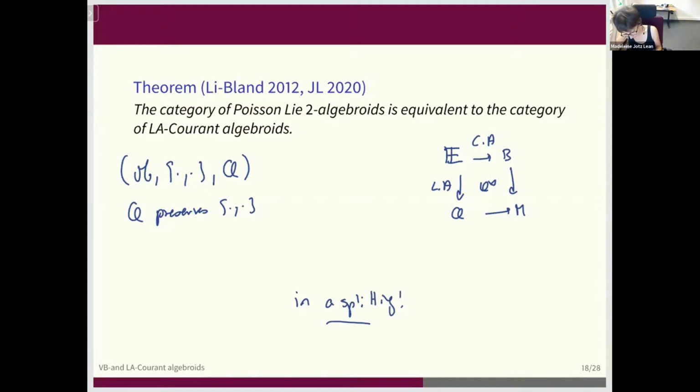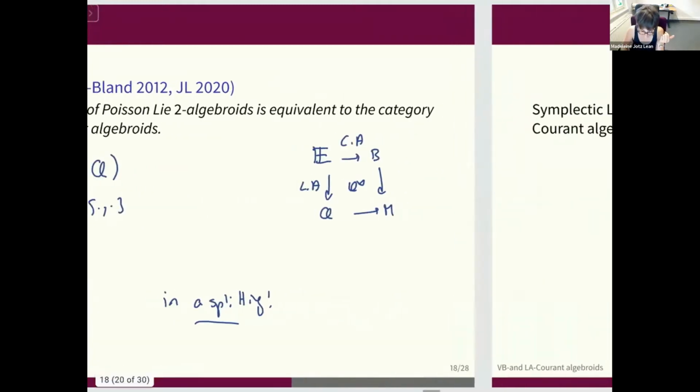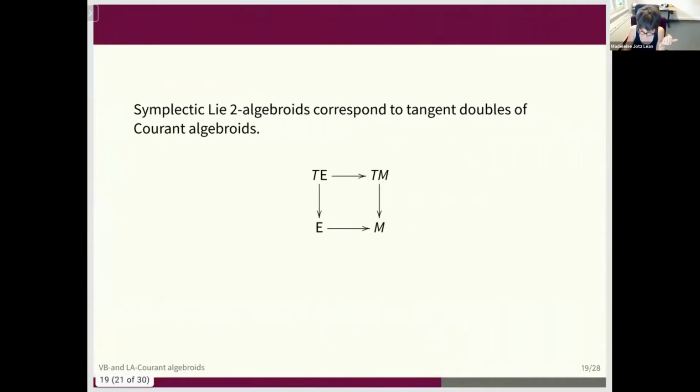And now we can ask, okay, so now we're ready. What happens when this Poisson structure is actually symplectic? Well, you can show that when the Poisson structure is symplectic, then the Lie algebroid structure is just a tangent prolongation of a vector bundle. Sorry, the tangent bundle of a vector bundle, which is a VB-algebroid over the Lie algebroid structure on the base, TM.